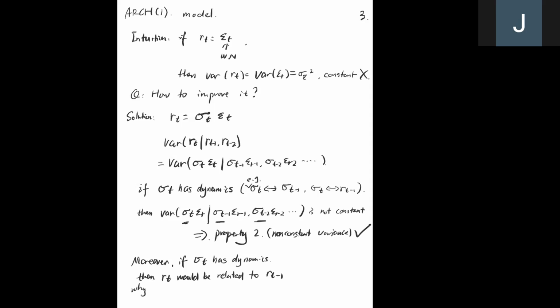Why? Because R_t is sigma t epsilon t, right? And R_t minus 1 is sigma t minus 1 epsilon t minus 1. And we assume there's some correlation between sigma t and sigma t minus 1. So this would satisfy our property 3, that is, high volatile periods tend to be clustered together.